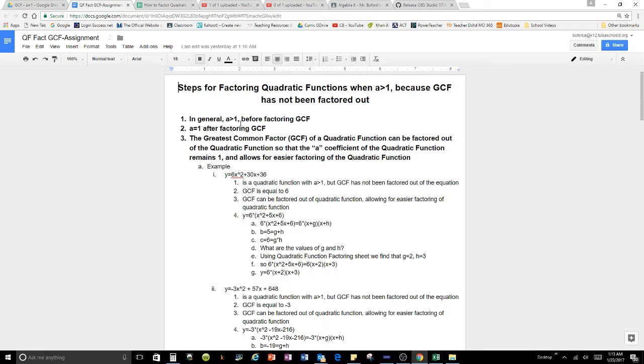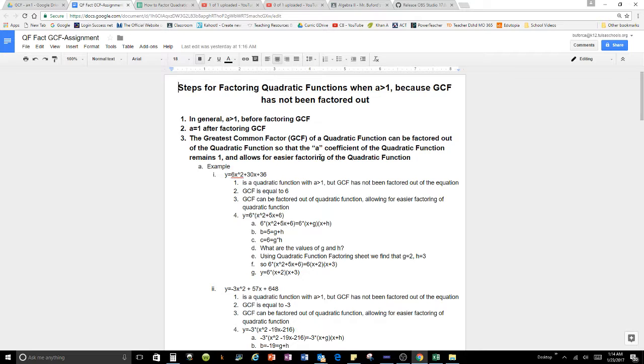So again, what that's just saying is that before we factored out this number, the a coefficient of our quadratic function is greater than 1. But once we factor out that greatest common factor, the a coefficient becomes 1, and we can therefore factor the quadratic function the way that we factored it in previous assignments.